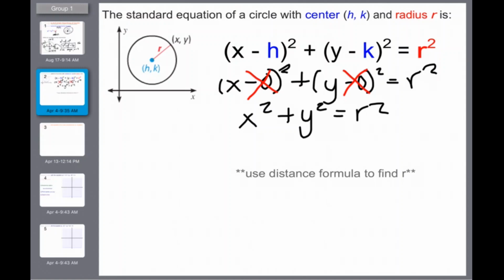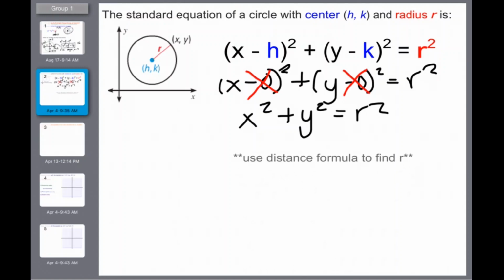All right, so if we are dealing with a problem where we have a point on our circle, and we're not given the radius measurement, we can use the distance formula to find the radius. Again, we did learn this in Unit 1.